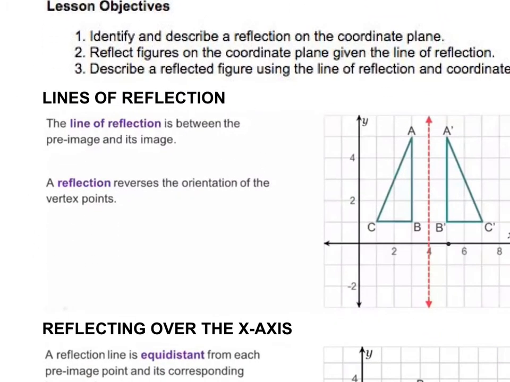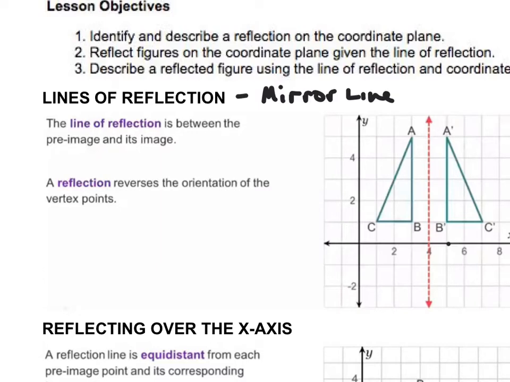And so lines of reflection, let's start talking about that. This is, like I like to call it, the mirror line. So the mirror line, okay? And the line of reflection is between the pre-image and its image, okay?